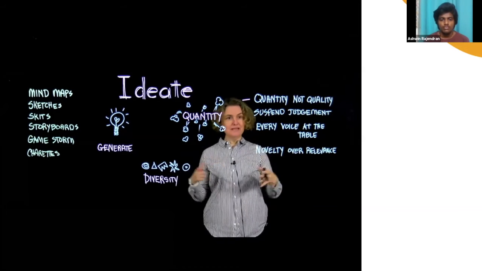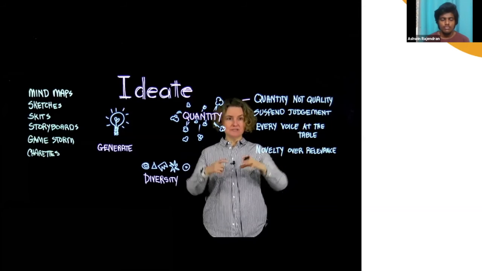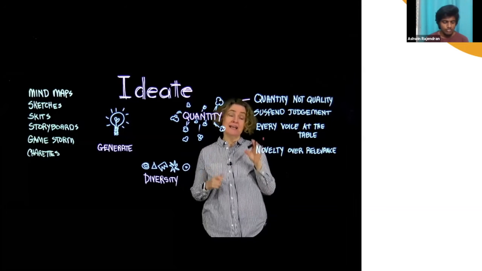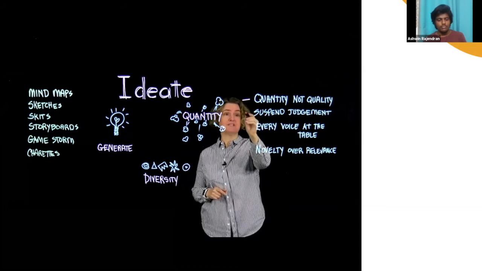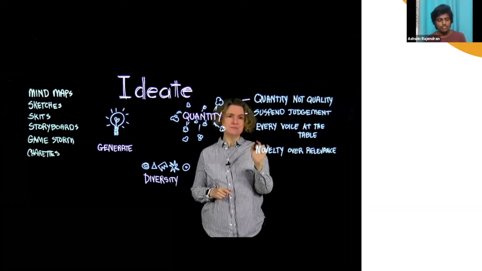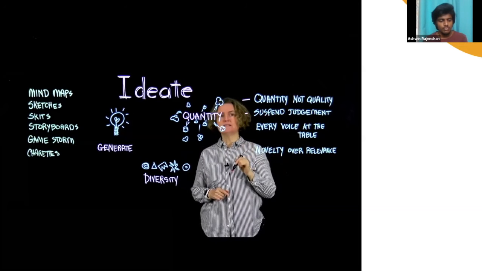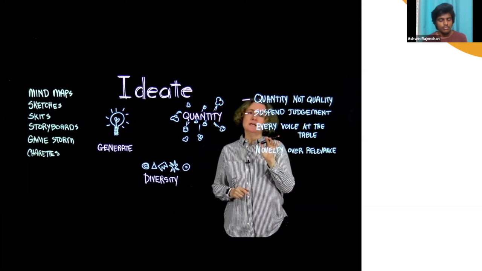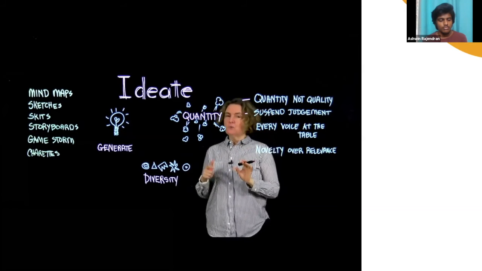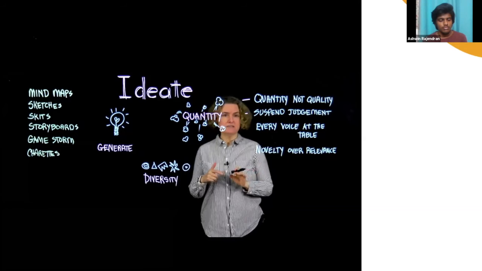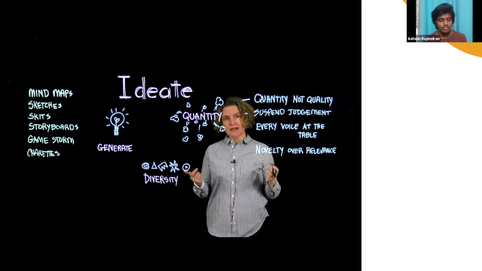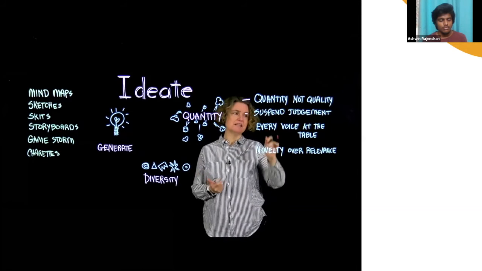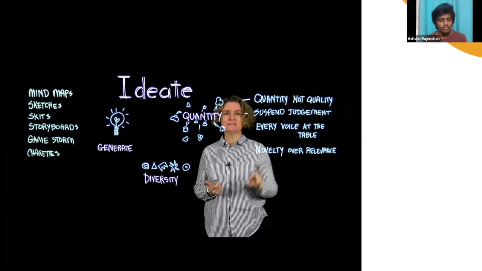Getting as many ideas out at the beginning is the critical part. And for that, we have to suspend judgment. And suspending judgment not only of our own ideas, but of other people's ideas, right? Just get them out on the table. In this process, you want to make sure that all the people collaborating have a voice at the table.